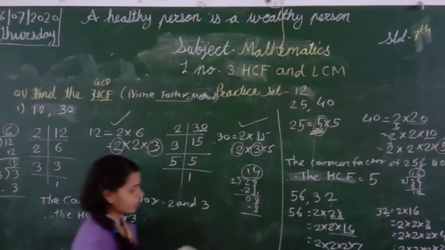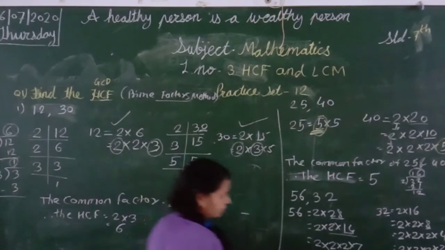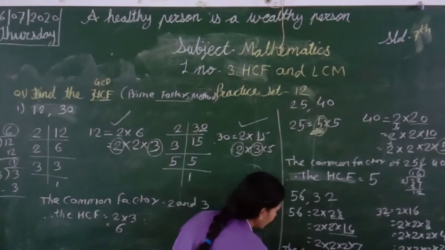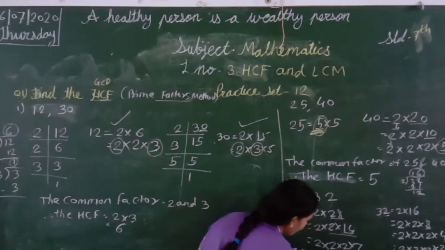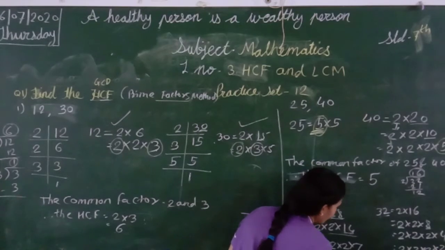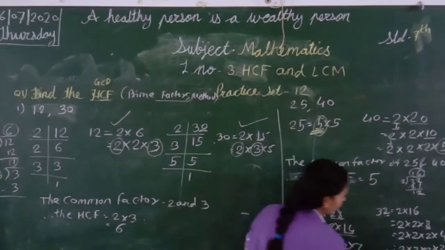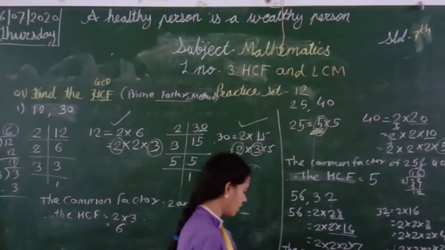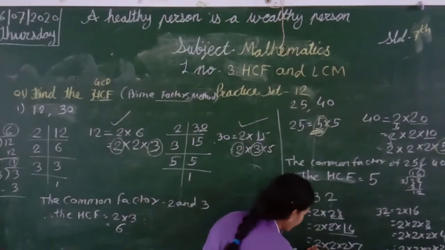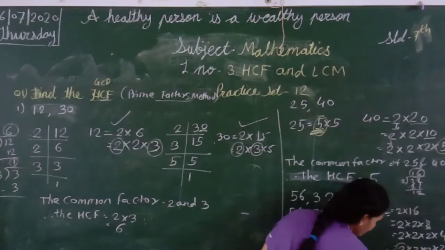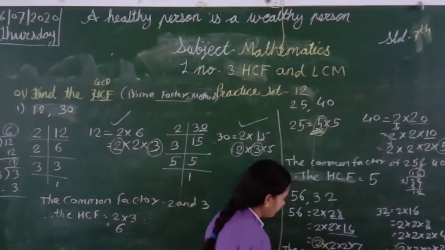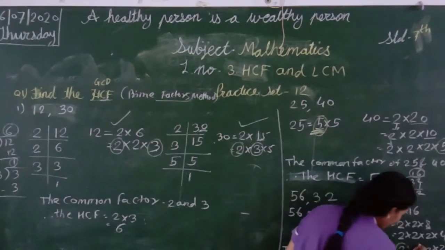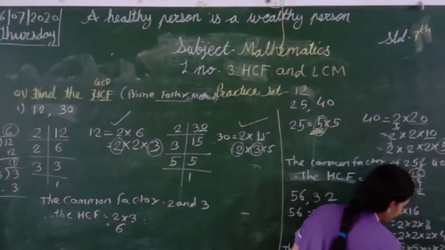So now students, take out the common factors. What is the common factor of 56 and 32? So students, which is the common factor? Find out. Here also 2, here also 2. Then this 2. Okay students.